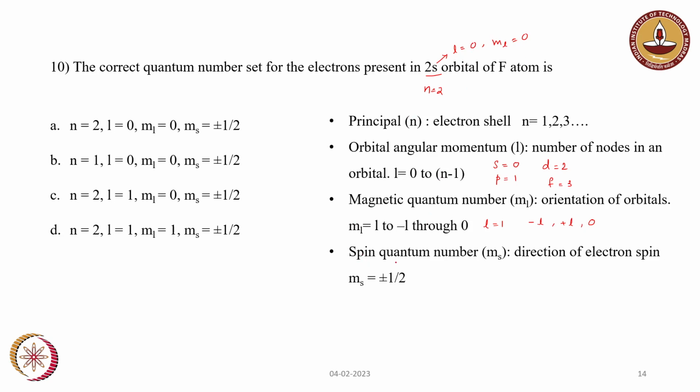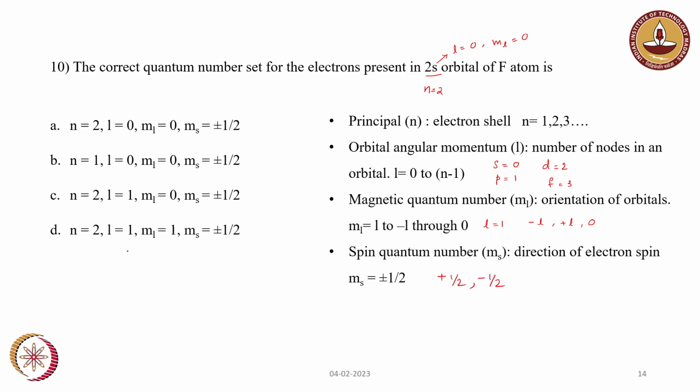Next is the spin quantum number MS, and it denotes the direction of electron spin. It's either plus or minus half, and it's independent of all other quantum numbers. So an electron can have either plus half or minus half.